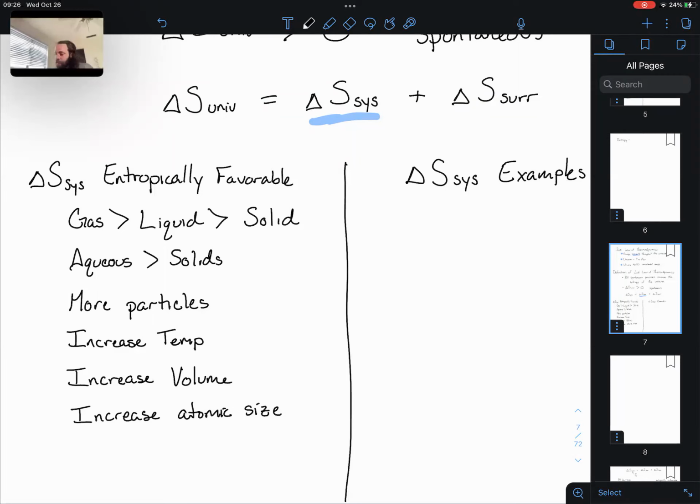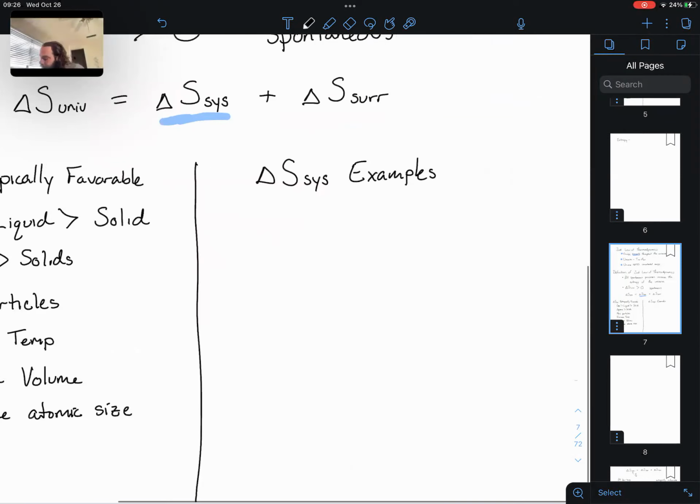Okay. And so then the last one, we're going to compare two molecules and ask ourselves which one we think has more entropy. Carbon dioxide, or what's called propane, C3H8. And I'm going to draw out the Lewis structures here.